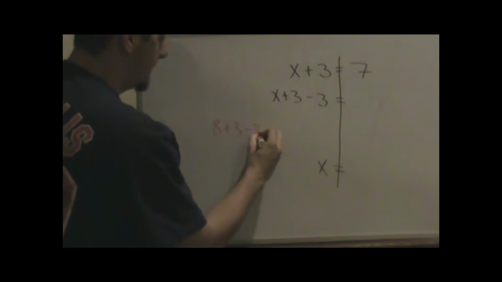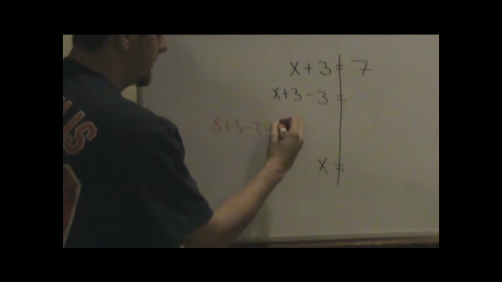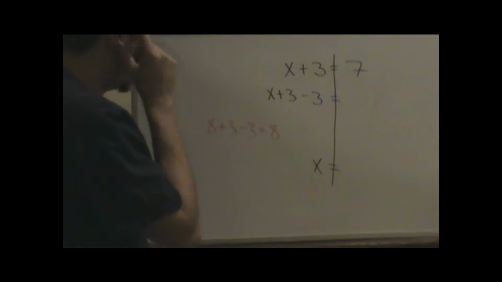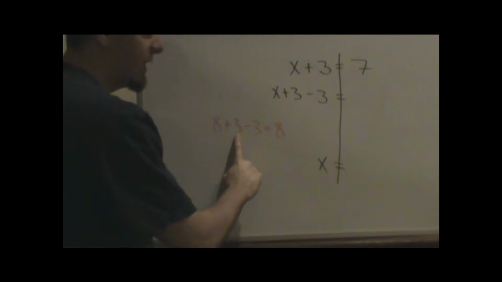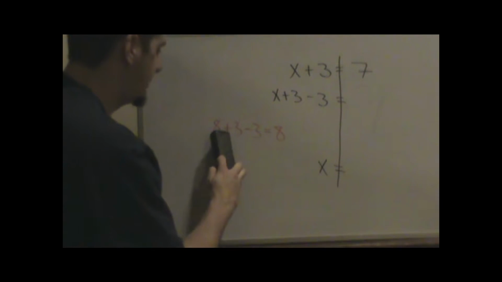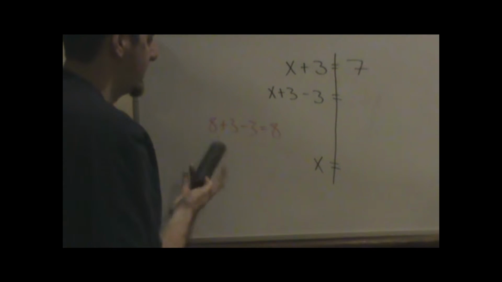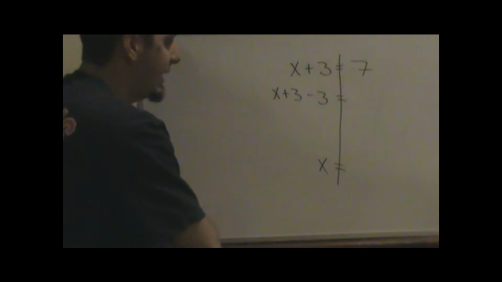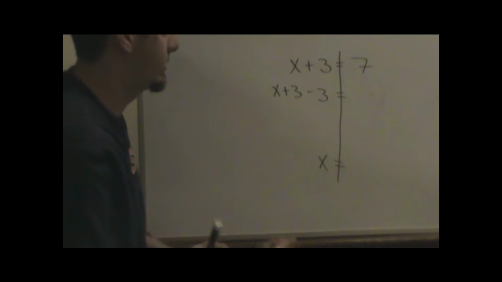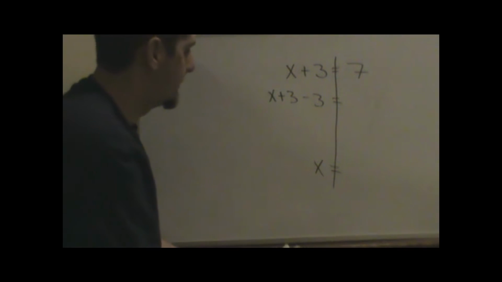Then I subtract 3, and I'm back at 8. So the plus 3 was undone by the minus 3 because plus and minus are opposites. They completely canceled each other out, but they didn't affect the x. They just affected each other. They canceled each other out.